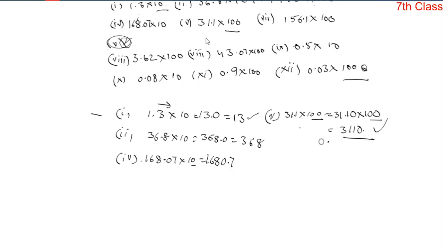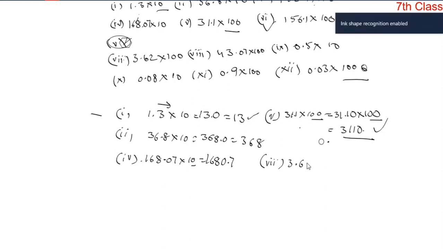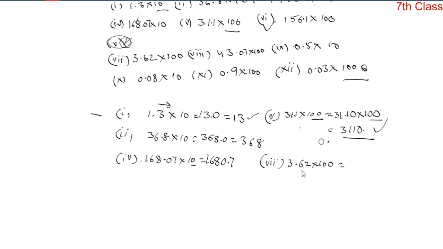Take the seventh one. This is same as the fifth one. This is also HW. What is the eighth one here? 3.62 into 100. Now observe carefully. The sixth one is HW. Now the seventh one is 3.62 into 100, which is equal to, here in decimal part 2 digits are there, and here in 100 2 zeros are there.